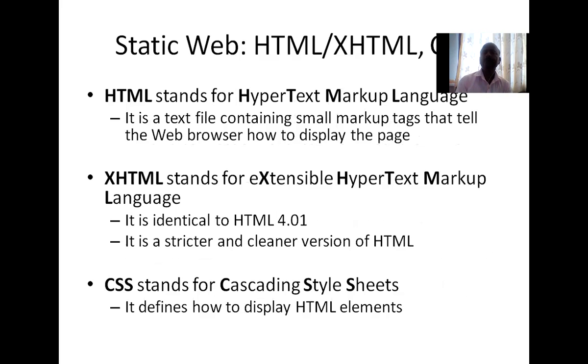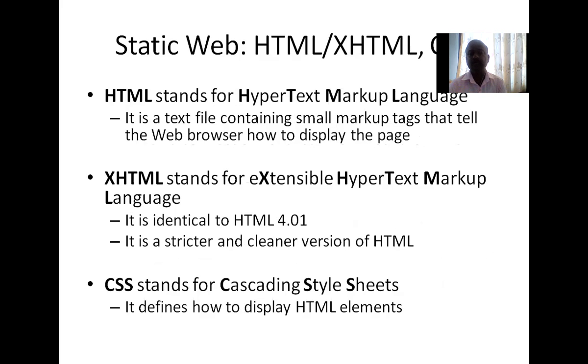Static web: HTML, XHTML, and CSS. HTML stands for Hypertext Markup Language. It is a text file containing small markup tags that tell the web browser how to display the page.